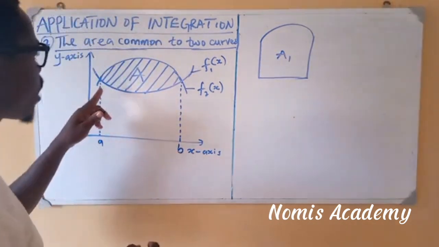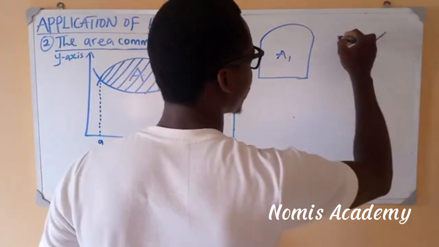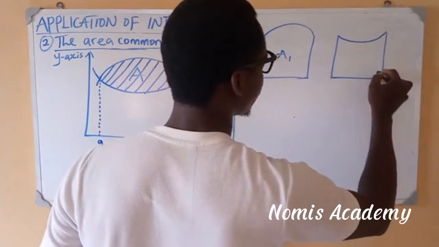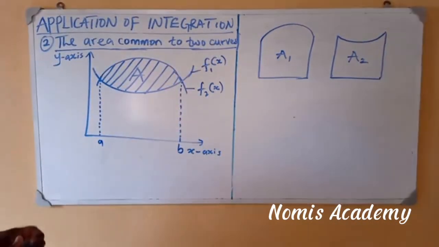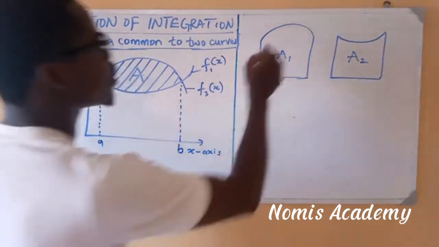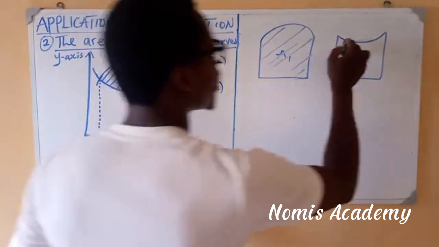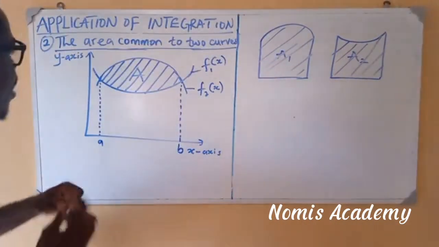And then we also have the area of the curve facing up, which we call A2. So this is the area of the curve facing down, while this is the area of the curve facing up.